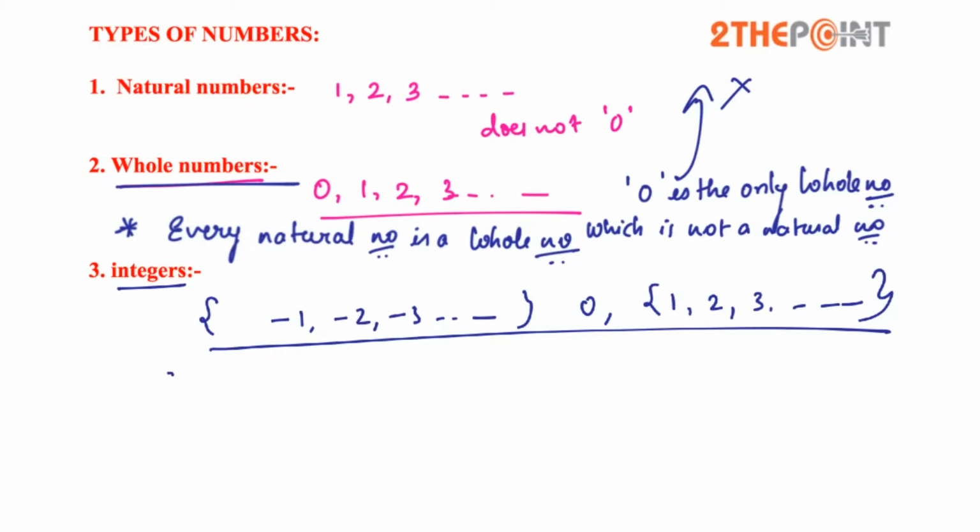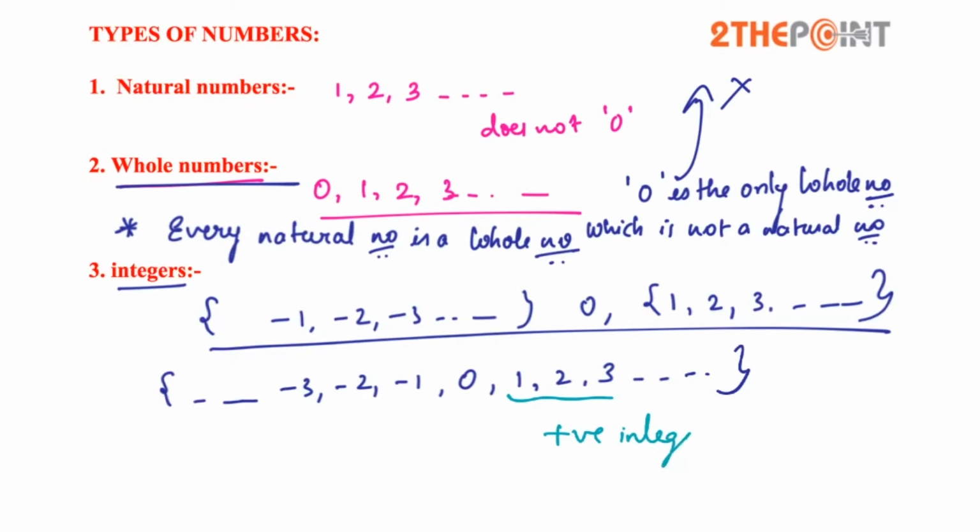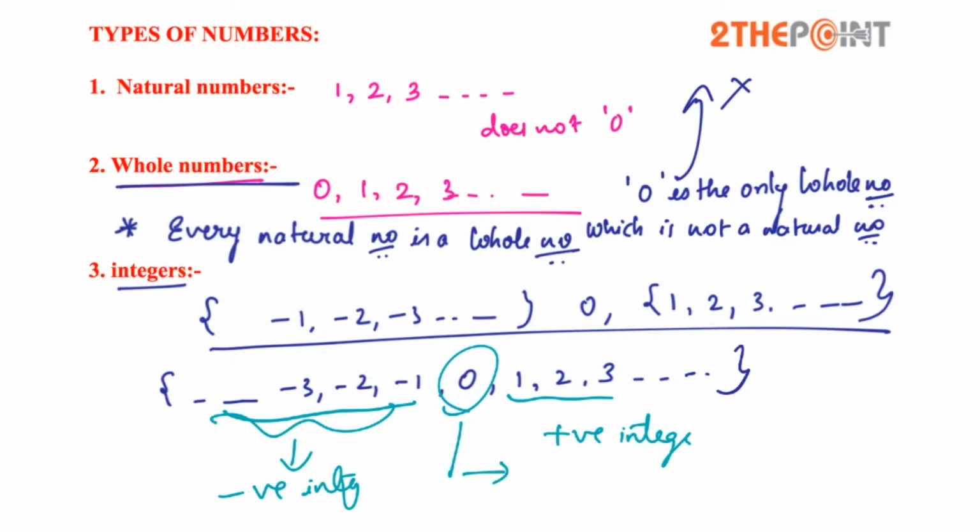This can be combinedly written as -3, -2, -1, 0, 1, 2, 3 and so on. The numbers 1, 2, 3, 4, 5 etc. represent positive integers, whereas -1, -2, -3 represent negative integers. And this 0 is neither a positive integer nor a negative integer.